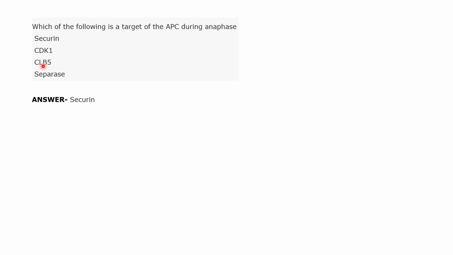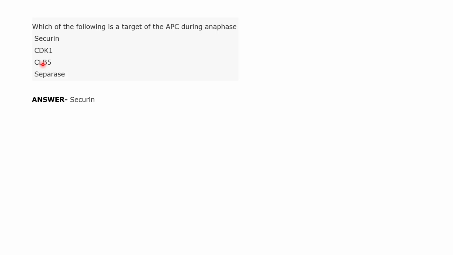And I also expect that you will look into this particular option also, CLB5, sorry. It's actually recognized as cyclin B5. So cyclin B5 is a type of cyclin B. It is also involved in the metaphase to anaphase transition, and from what I read, it is also targeted by this anaphase promoting complex.